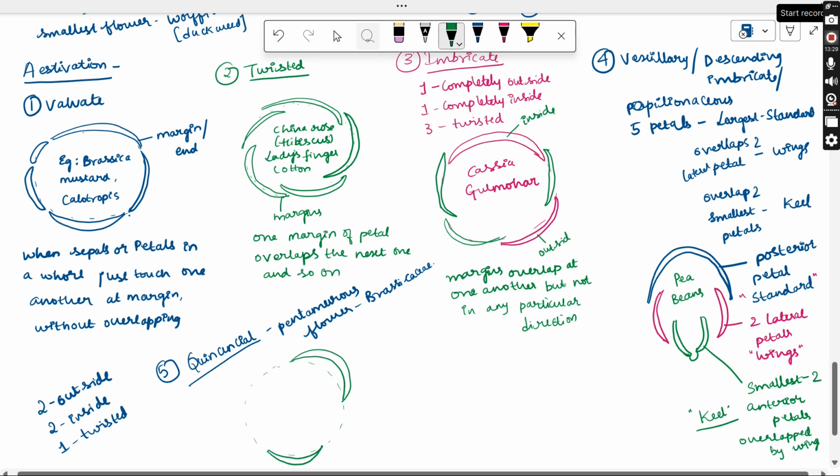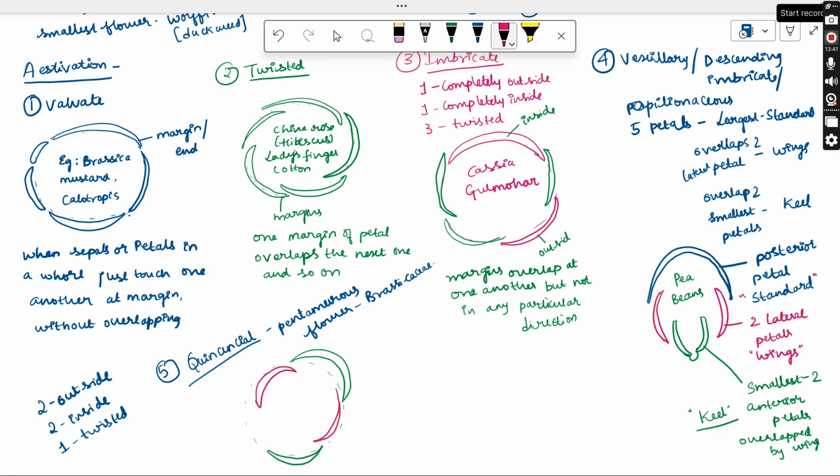So here let me differentiate with colors. This is the inner side, and the two more, these. So these green are completely outside and the remaining pink are completely inside. And the one which is showing here is the twisted type. Got it?